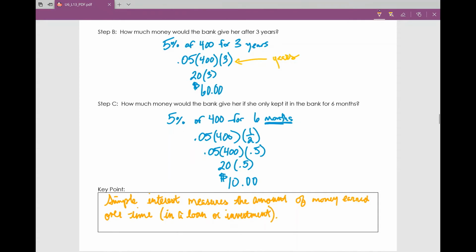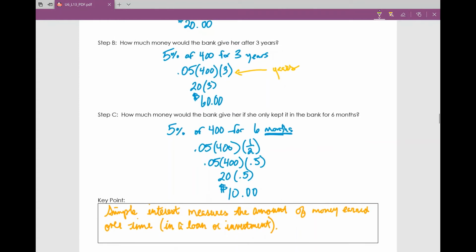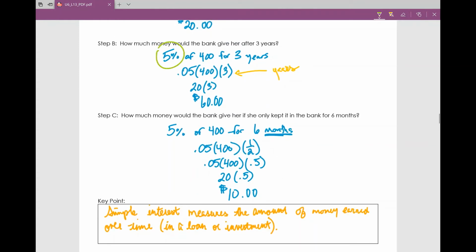And based on what we just did, there's actually a formula for this. After you copy that down, if you recognize we're always using 5%, we're always using 400, we're always using the amount of time. What we're doing is we're going to name these things so that we can write out a formula for it. The 400, this is the initial amount.